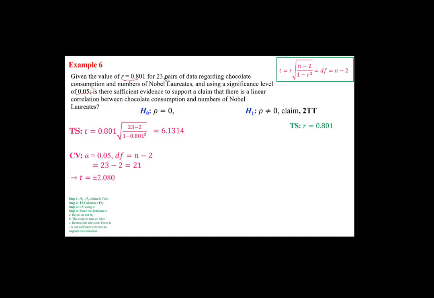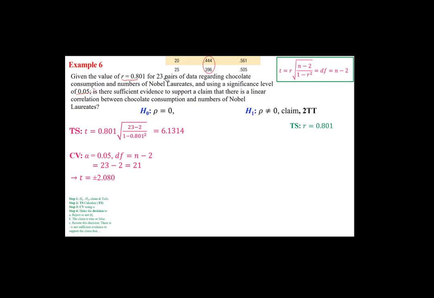N is 23. So the table, I want you to pay attention. I've given you just those two rows. The table contains number 20 and number 25. There is no 23. So what is the critical value? I hope you see that the critical value is not there. So what is it? It's between the two numbers.